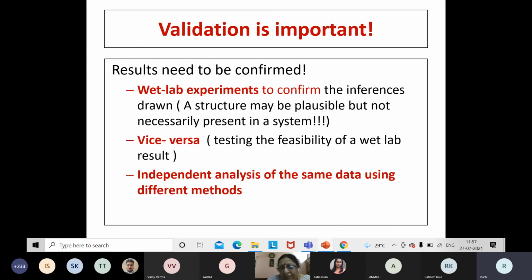Or in future, those of you who plan to take bioinformatics as a research career, you should be in a team where some of you are very capable bioinformaticians, and the other members in the team are workers in the wet lab or doing actual experiments in the laboratory. Because mostly it is difficult for a person to be equally apt in both, the best is to have a combination, to be in a team where some people are bioinformaticians and some people are wet lab experimenters.